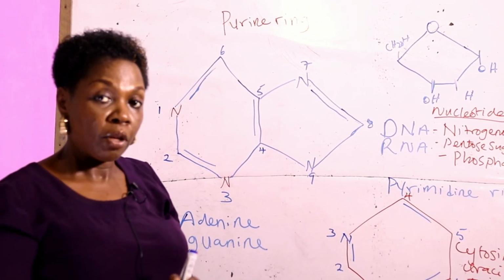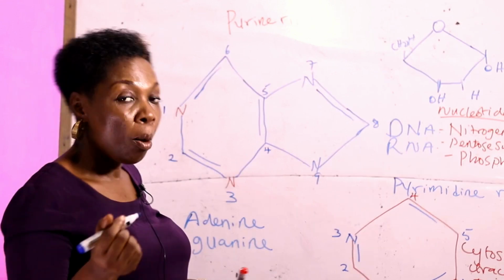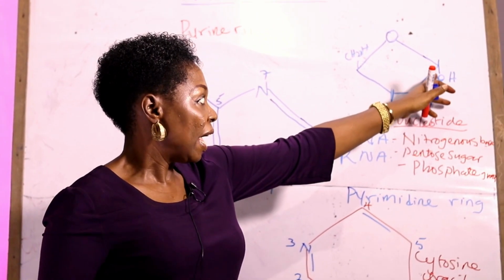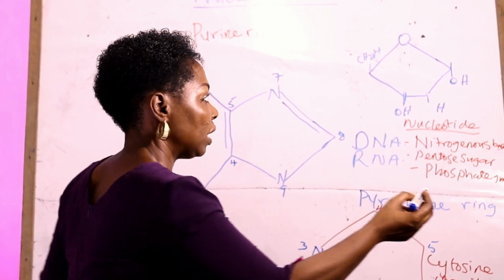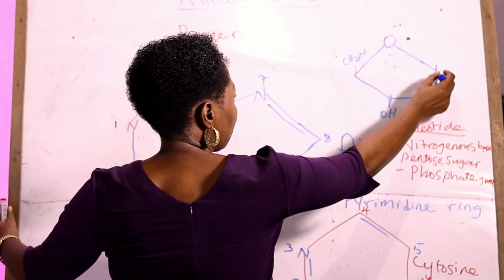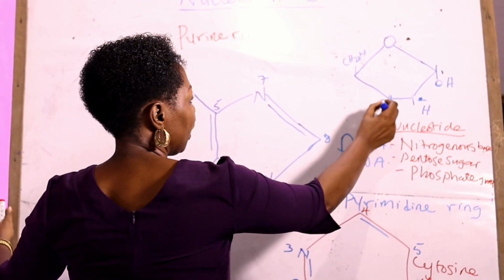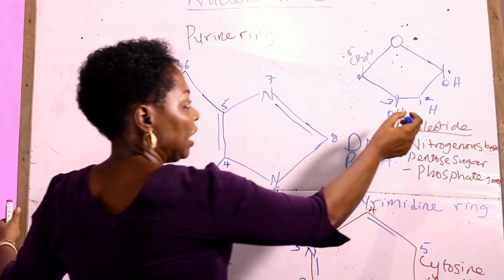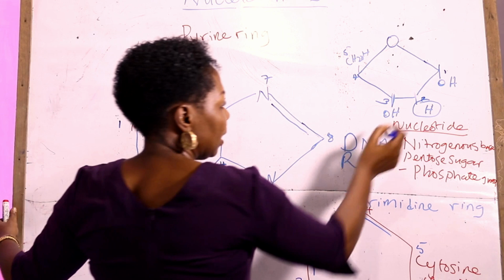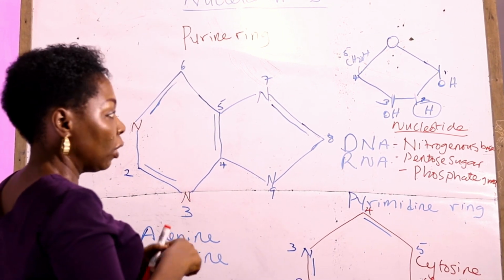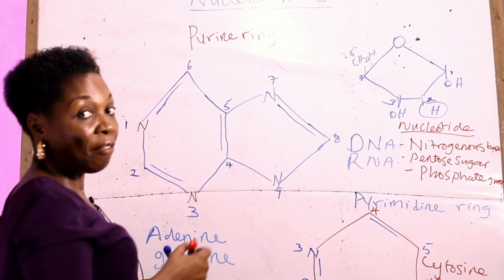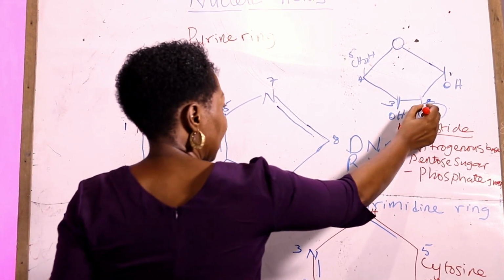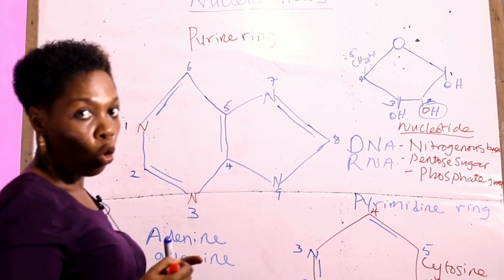Now notice, for the sugar, the numbering of the carbon atoms starts from here. So this is point 1, 2, 3, 4, and 5. So for the DNA, this is hydrogen. Now for the RNA, you have this carbon 2 hydroxylated to give you the OH.